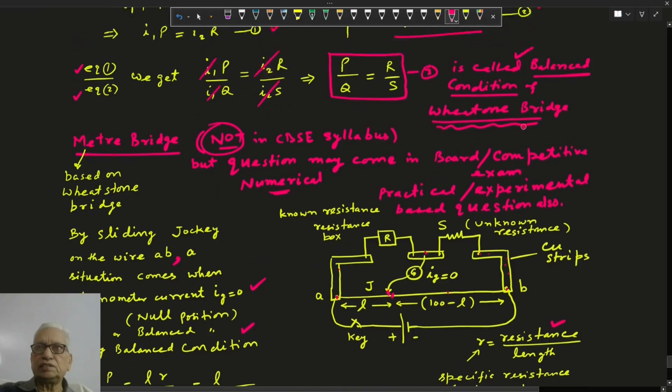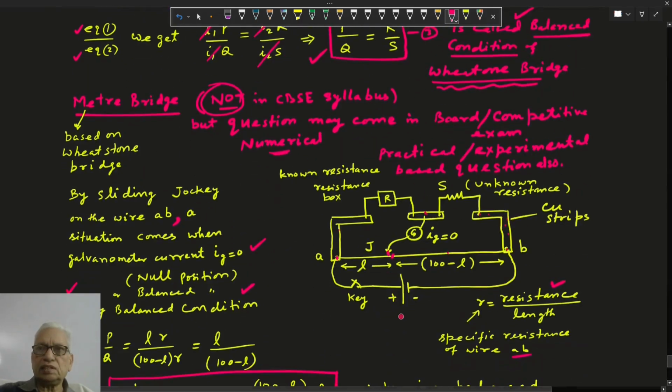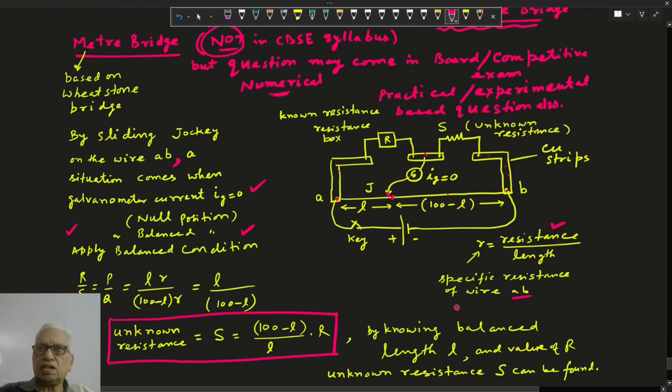Again we use the same balance condition of the Wheatstone bridge, P by Q equal to R by S. Here R is the known resistance of the resistance box, S is the unknown resistance, and P means the resistance of the AJ wire, which is L into the resistance per unit length.